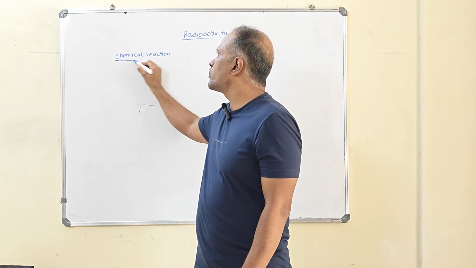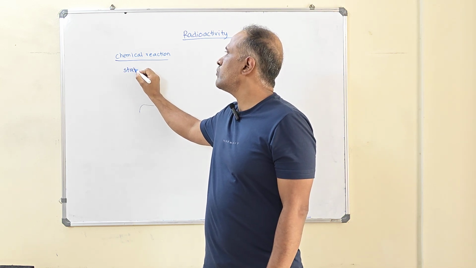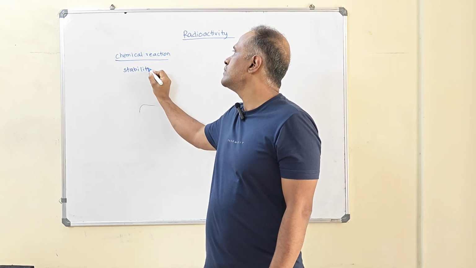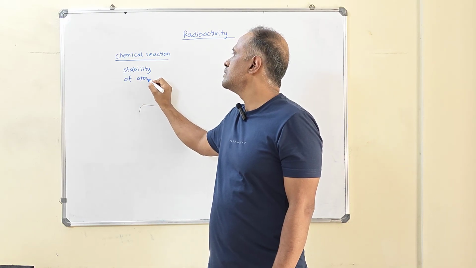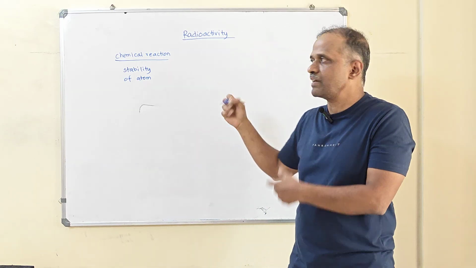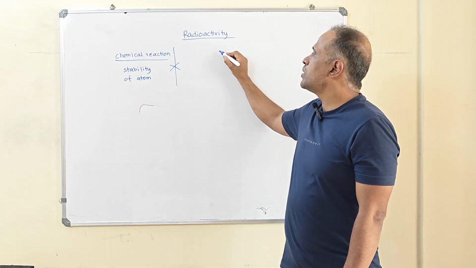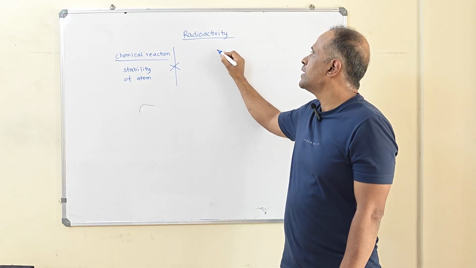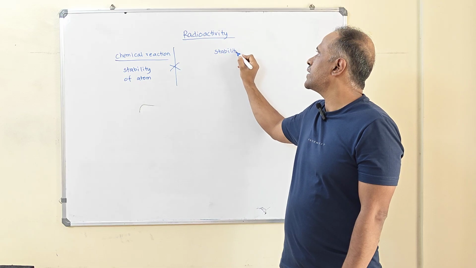The whole purpose of entering a chemical reaction is that they want to achieve stability, that is stability of the atom, either by sharing electrons or by donating electrons. Now we are not going to study this particular fact, but moreover the stability of an atom.